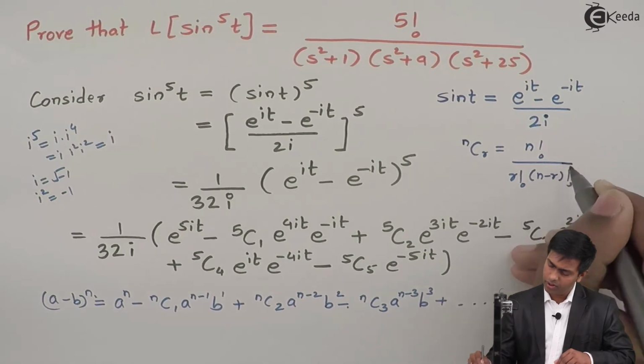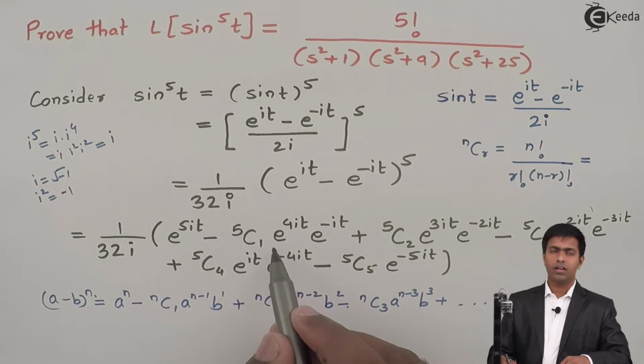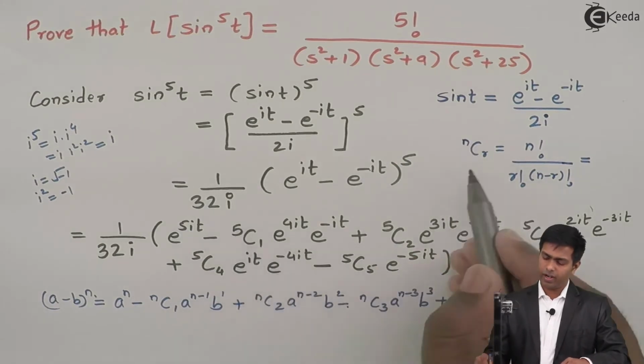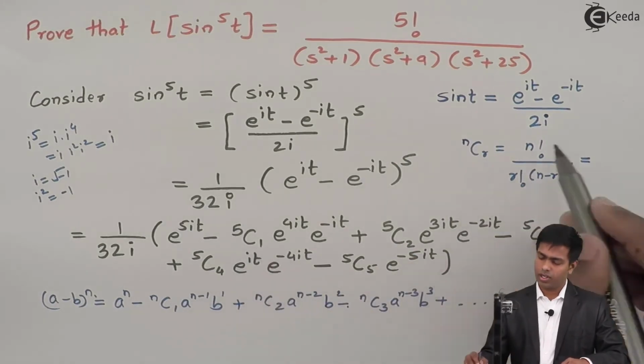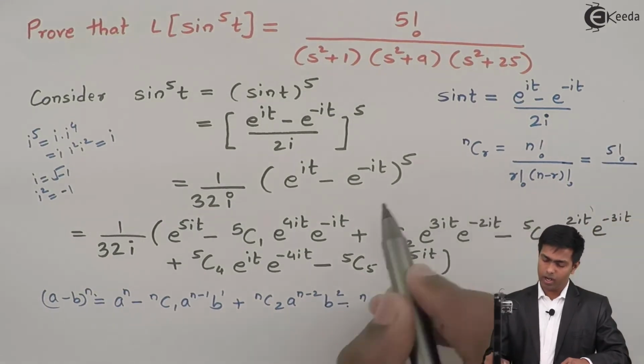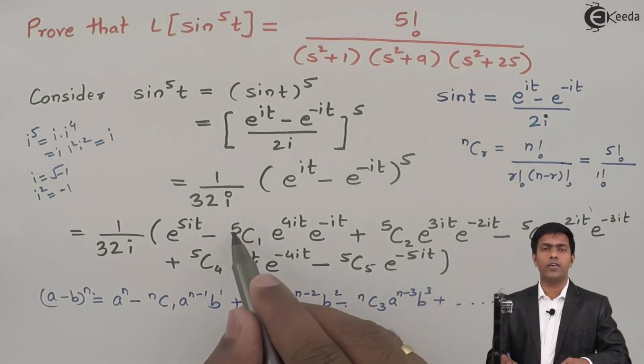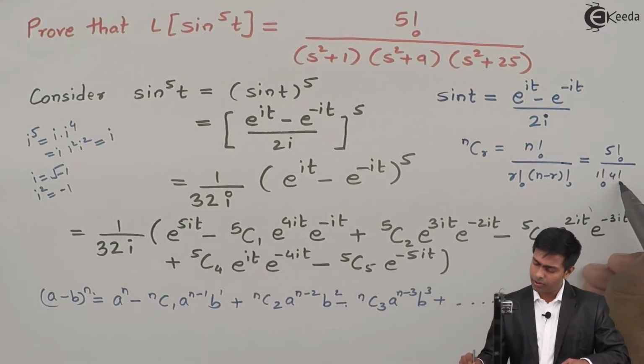n factorial upon r factorial into n minus r factorial. So let's say in this formula, if I want 5C1, so my n will be 5 and r will be 1. So here we'll get 5 factorial upon r is 1, so we'll get 1 factorial, n minus r, that is 5 minus 1, so 4 factorial.